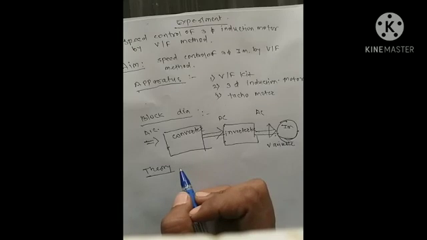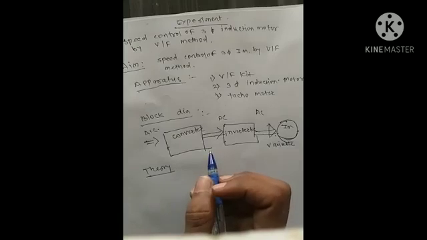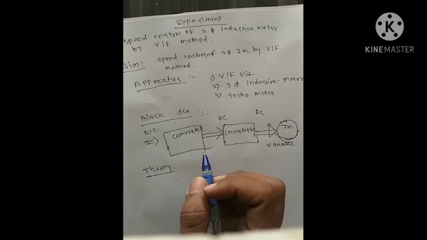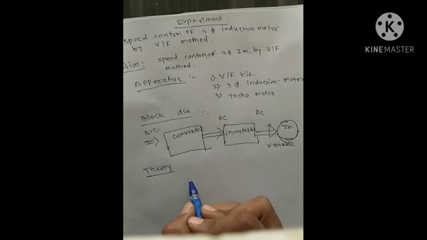To vary the speed we have to make some changes in the voltage and frequency. The slip at full load is about 3 to 5%, so the change in speed is very less, which can be seen from the characteristics.